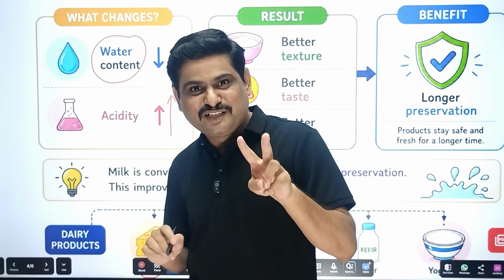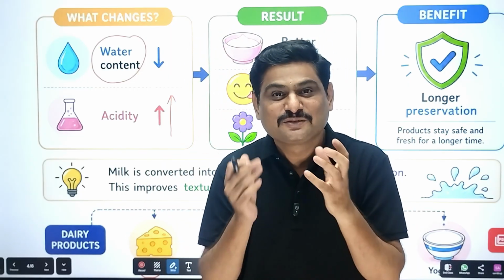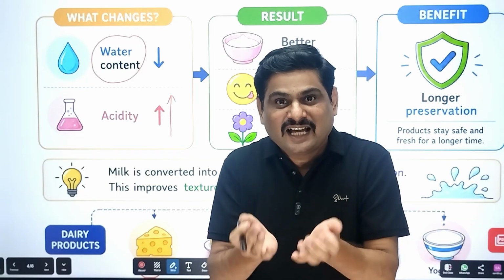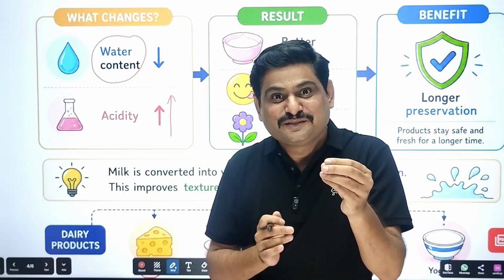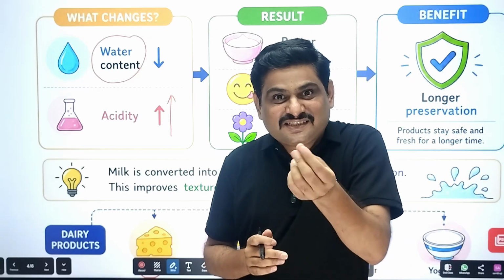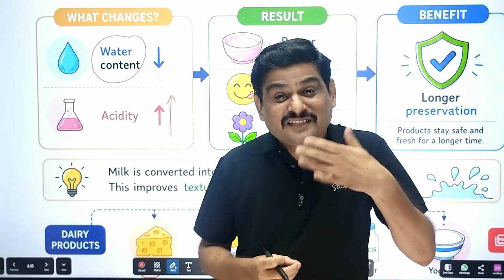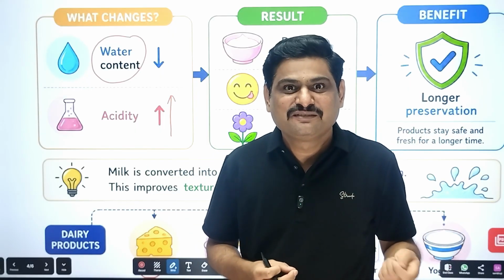So two changes mainly occur when milk is converted into a milk product. One, its water content will decrease. Two, acid will increase. And because of these two changes, you see the texture of cheese, how elastic it is. That is the texture of cheese. Curd also you will feel somewhat soft while eating.